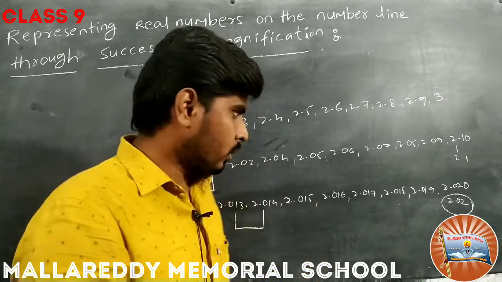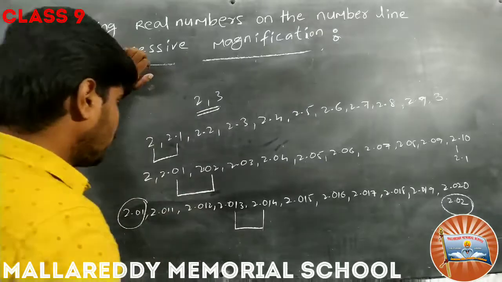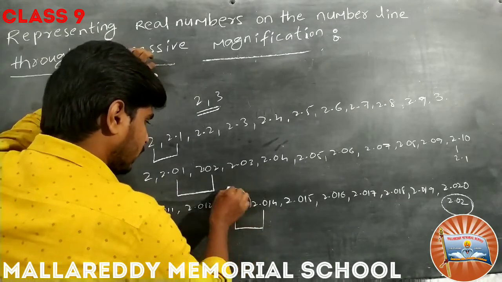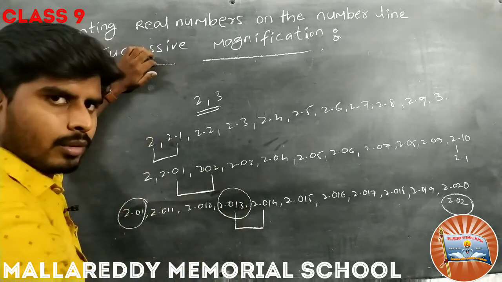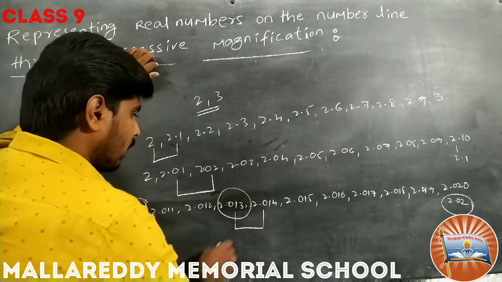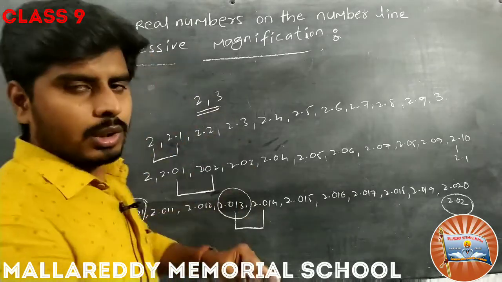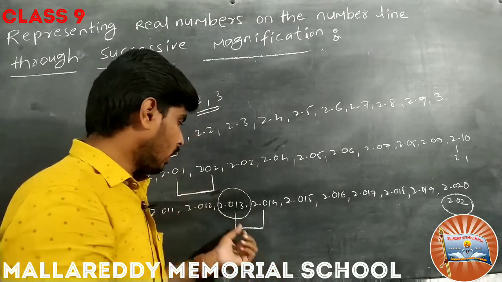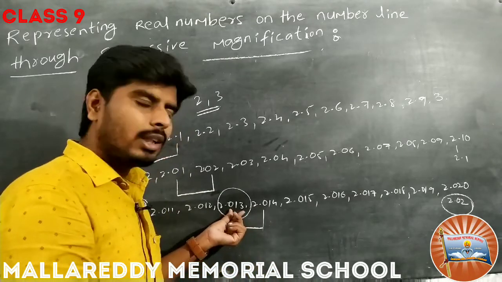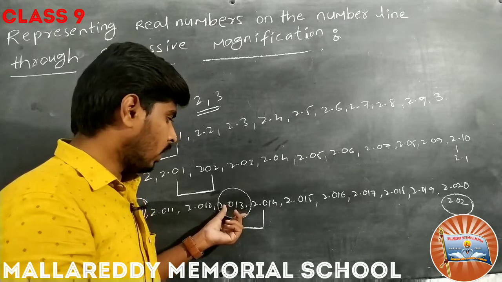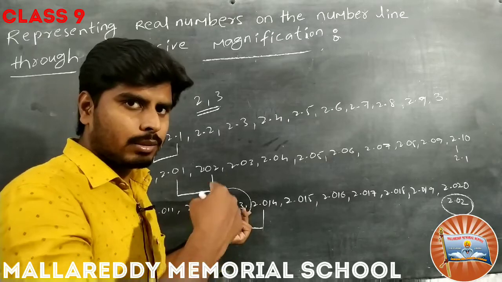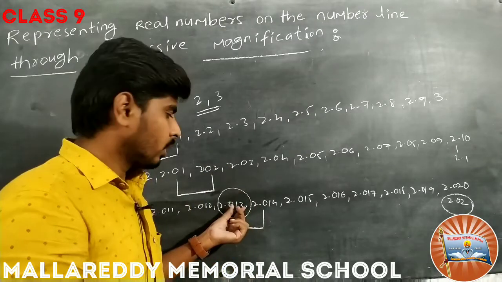Suppose in this example I want to represent 2.013 on the number line up to 3 decimals. Here after the decimal point we have 3 decimal places, that is why it is called representing 2.013 by successive magnification up to 3 decimals.